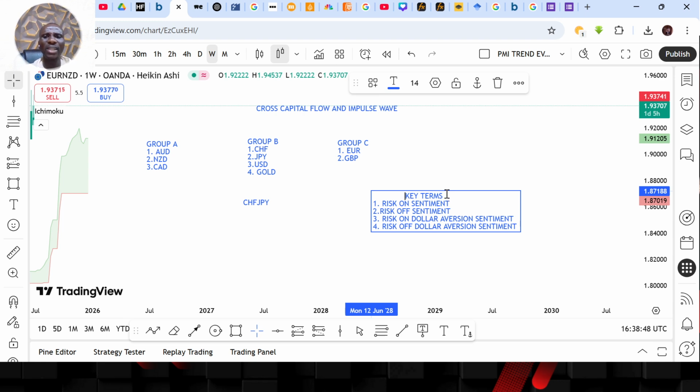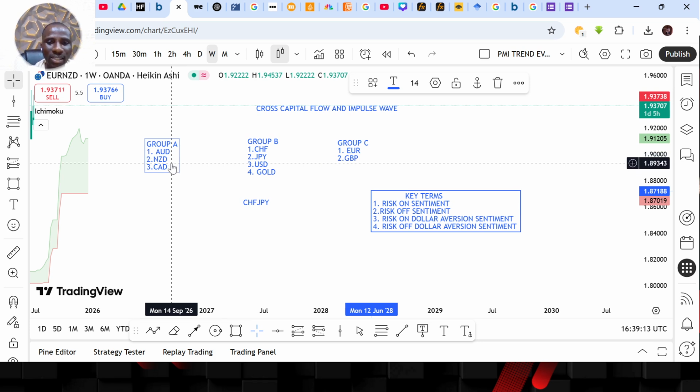There is no tension, there is no unexpected policy shift. So investors are really moving their money. In fact, they are engaging in what we call carry trade. If the risk sentiment in the market is risk on, capital is going to be flowing largely into AUD, into NZD, and into CAD.